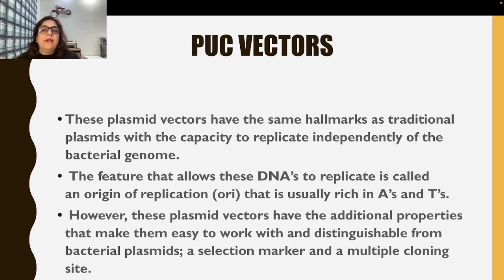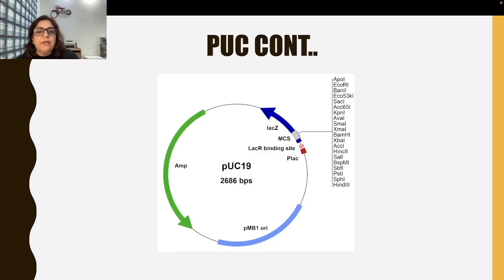For example, if you have inserted foreign DNA into this pUC vector and you want to select whether the foreign gene has been inserted into the vector or not, just by seeing the color, blue white selection is there in case of pUC vectors, whereas in case of pBR322 we use antibiotic resistance.